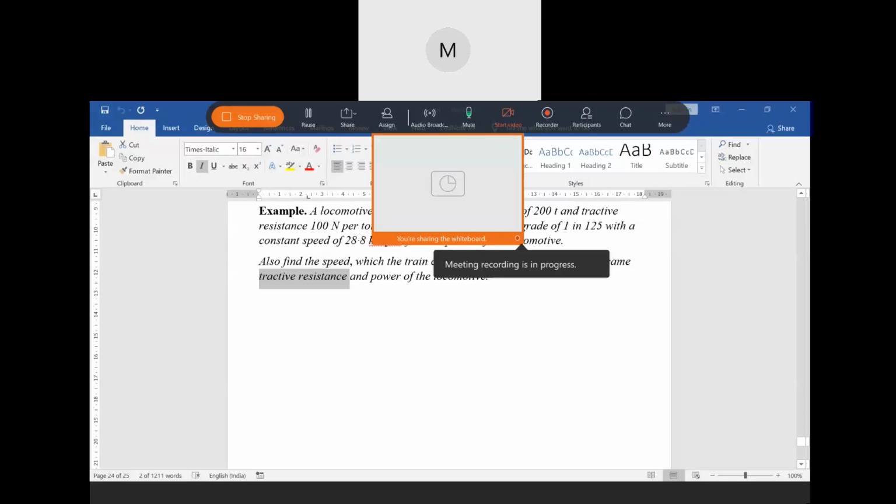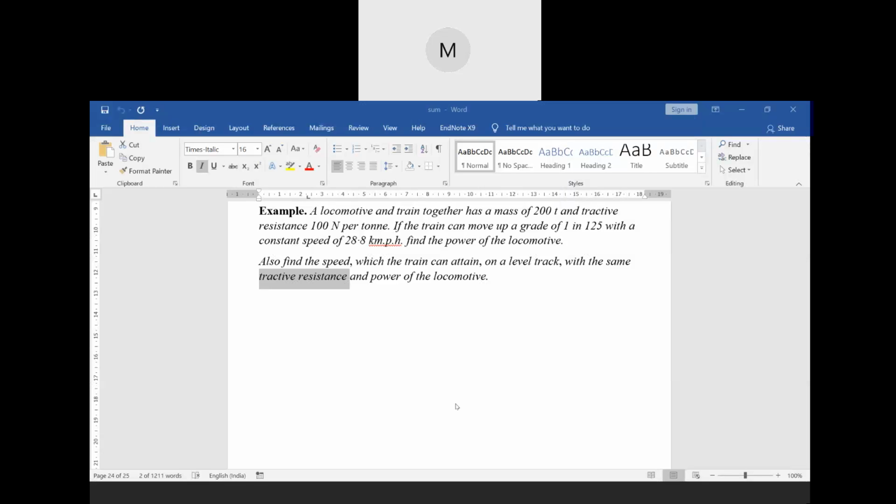Can you see the numerical? I'm sharing my screen. Can you all see the numerical?